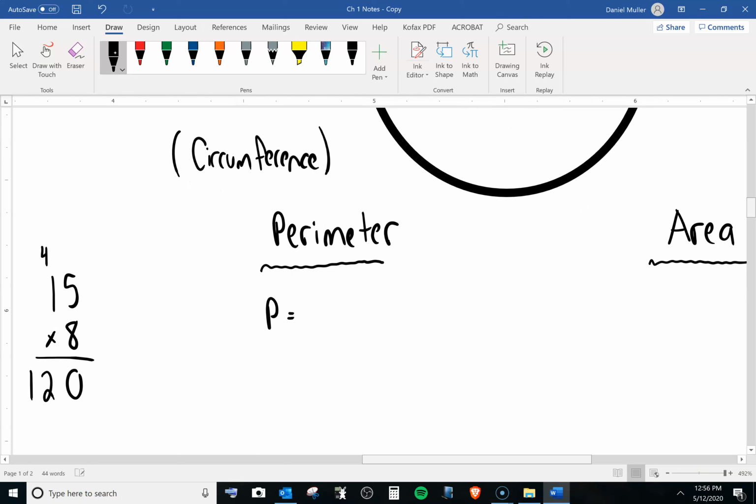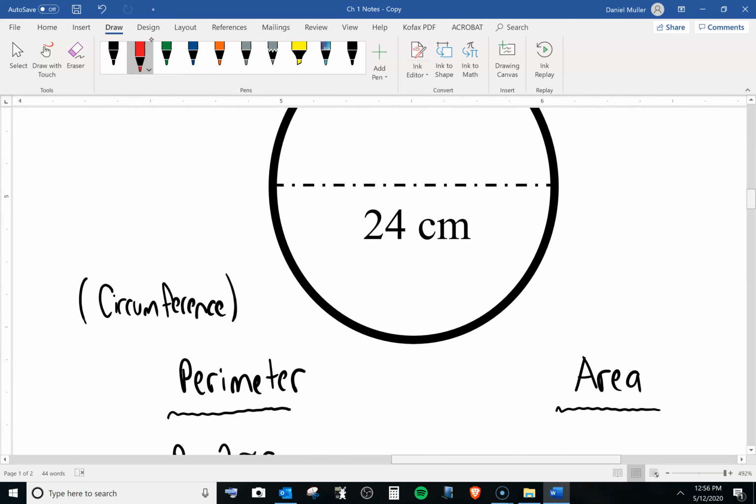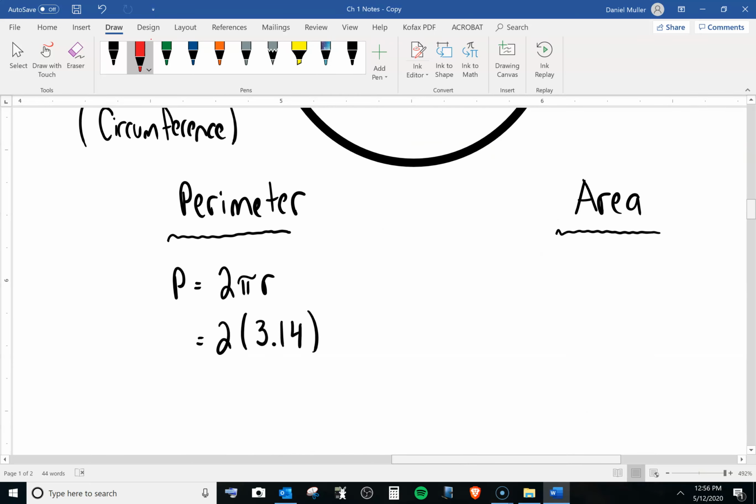Perimeter equals, and the formula is 2 times pi times the radius. Pi, we're just going to estimate to be 3.14, and the radius is the middle to the edge of a circle. In this case, it is 12.